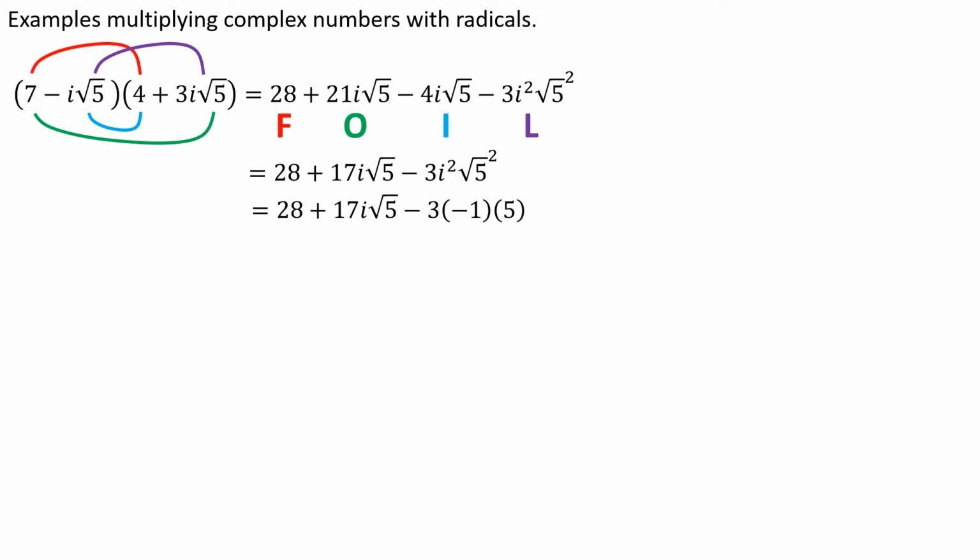And of course, square root and squared cancel out, so that just leaves me with that 5. 3 times 5 is 15. There's a negative on the 3 and a negative on the 1, so negative times negative is positive. Finally, 28 plus 15 is 43. And so there is the answer to this example.